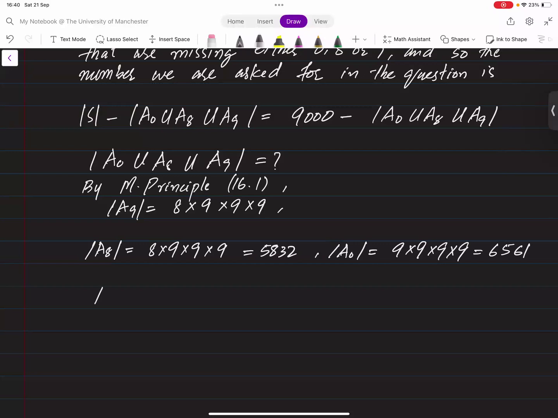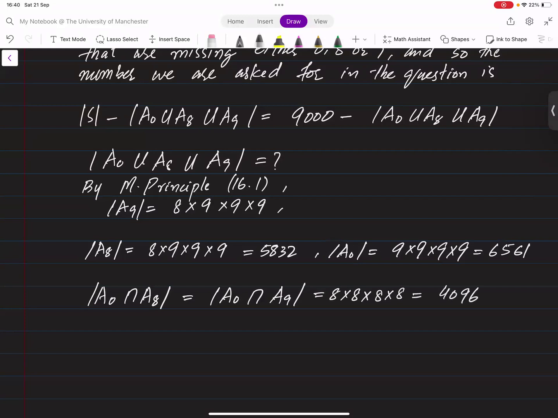Now we know that A0 intersection A8 has the order equal to A0 intersection A9, and that is 8 cross 8 cross 8 cross 8, and that is 4096.